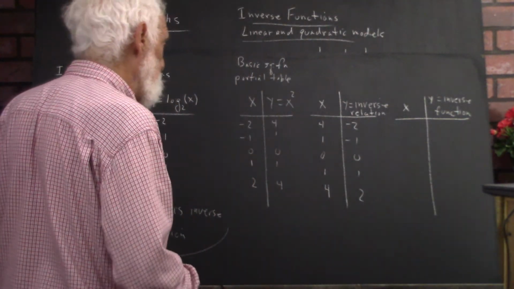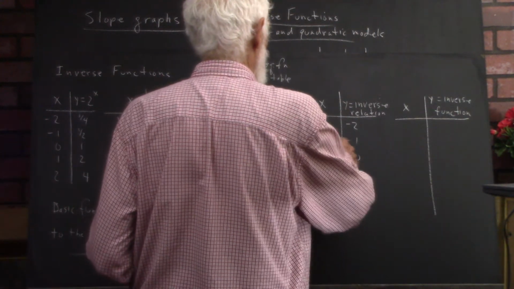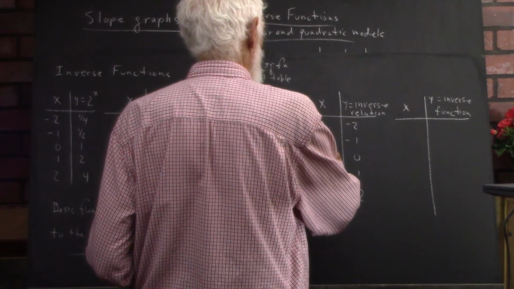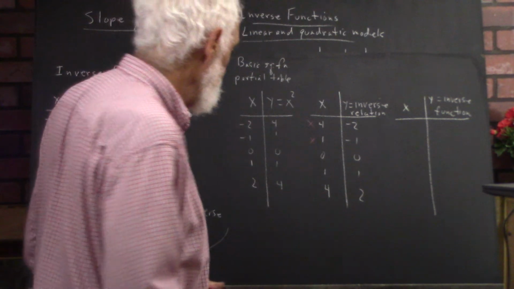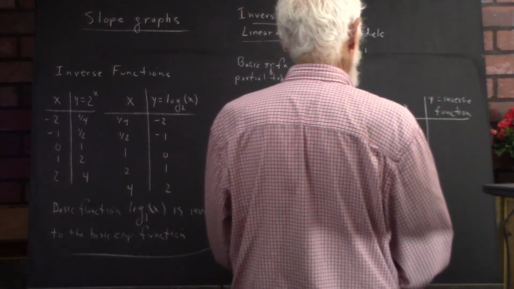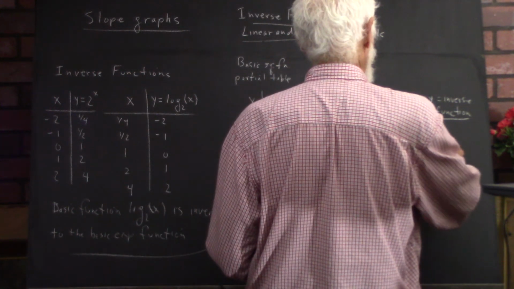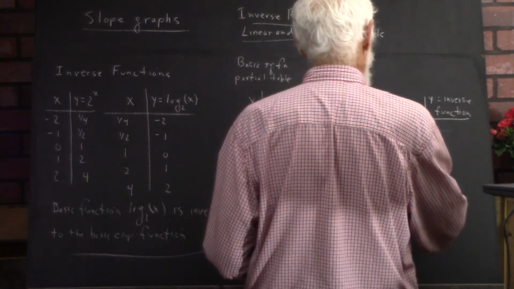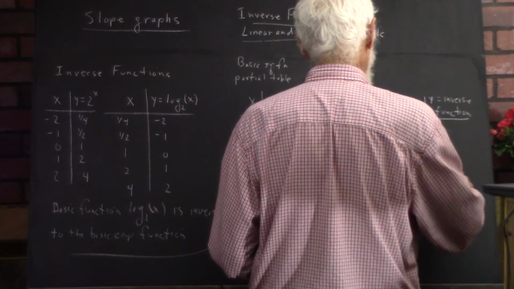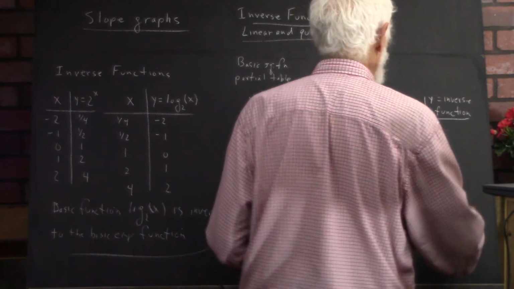So what we have to do is very simple. We're just going to eliminate this and this. And then we're going to write it down where we don't have anything here. Nothing, nothing, nothing, nothing. But we've got 0, 0, and we've got 1, 1, and we've got 4, 2.